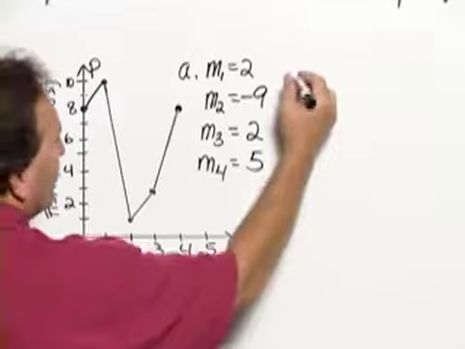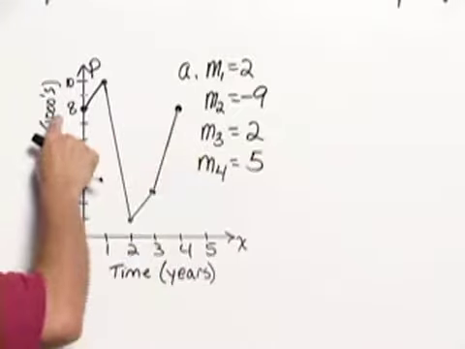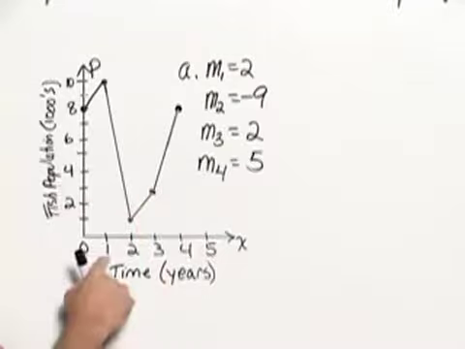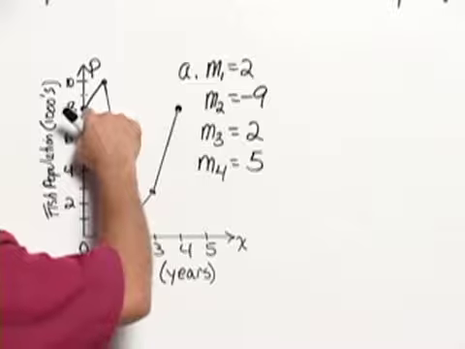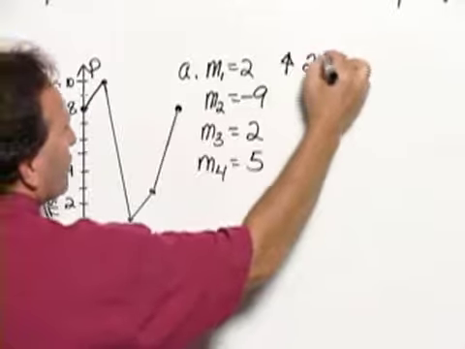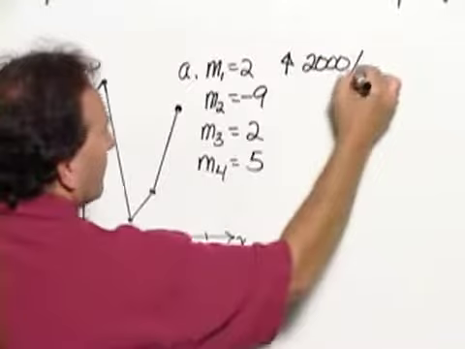So for part B, I'm going to point out that this slope refers back to the population of fish, which is in thousands, compared to the time, which is in years. So really what that's saying is, in that first time period from 0 to 1, there was an increase of 2,000 fish per year.